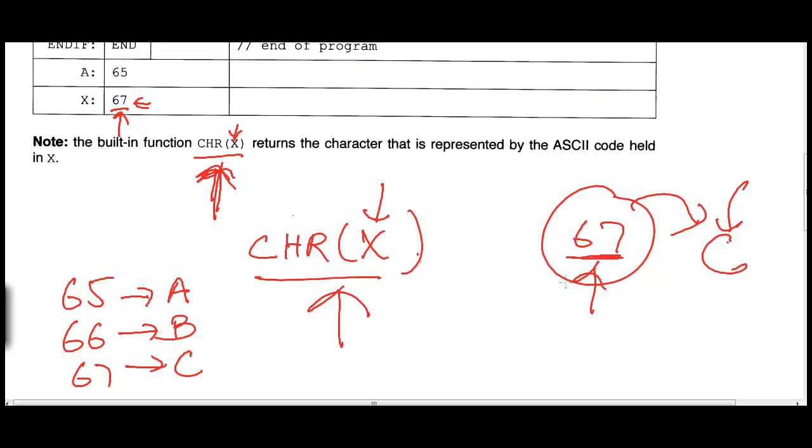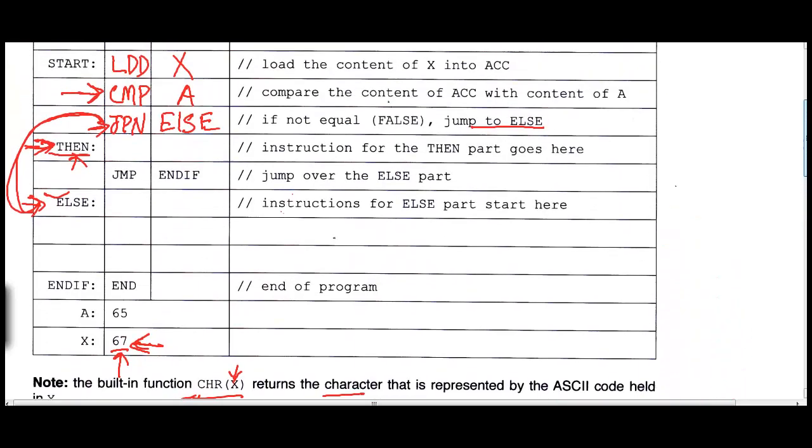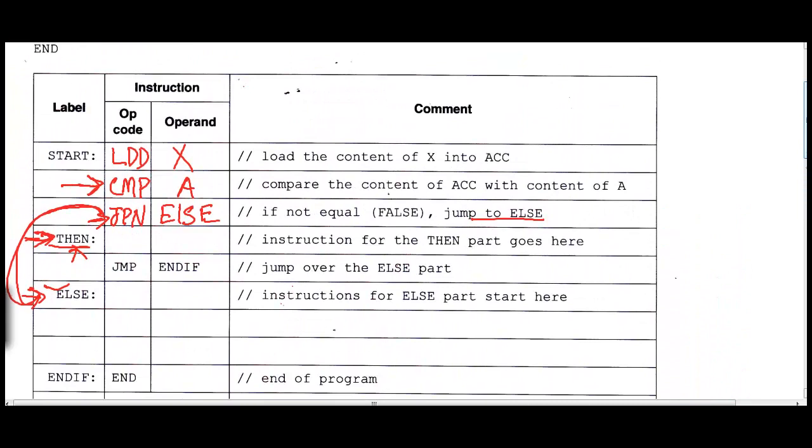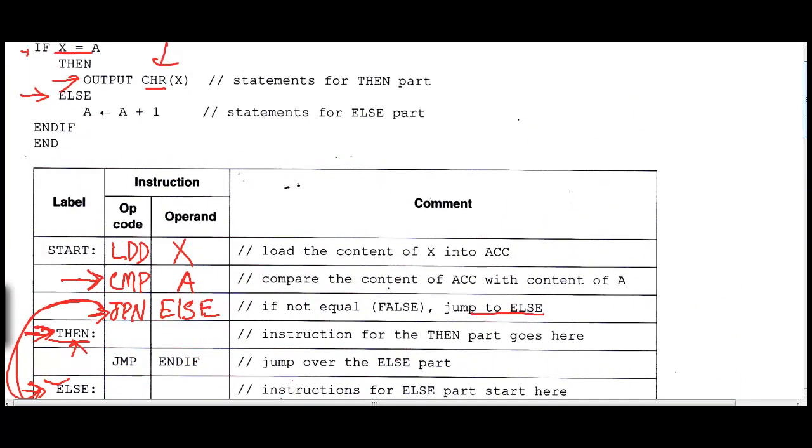In this case, x holds this value 67, and when we use CHRX, it is going to return the character represented by this value 67, and that is capital C.